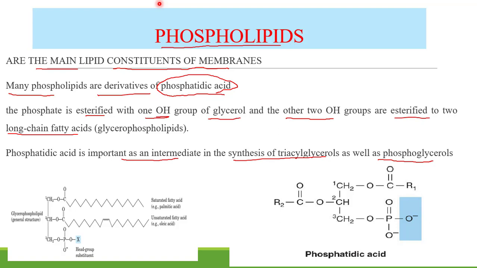Sphingolipids such as sphingomyelin, in which the phosphate is esterified to sphingosine, a complex amino alcohol with a fatty acid. Both glycerophospholipid and sphingolipid have two long-chain hydrocarbon tails, which are important for their function in forming the lipid bilayer.